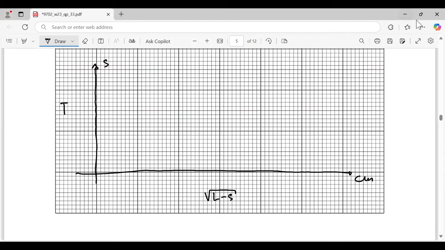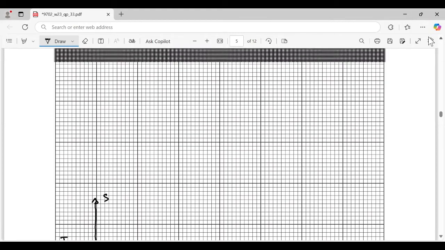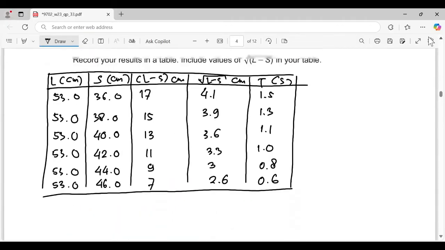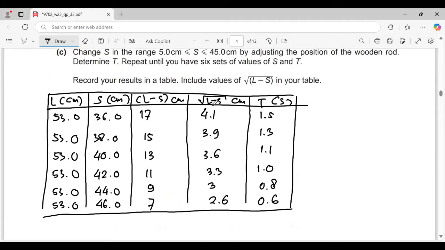According to the table, we are going to find these coordinate points: 4.1 and 1.5, 3.9 and 1.3, 3.6 and 1.1, 3.3 and 1.0, 3 and 0.8, 2.6 and 0.6.